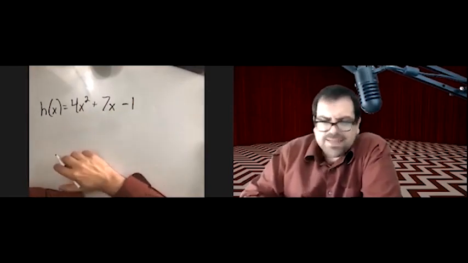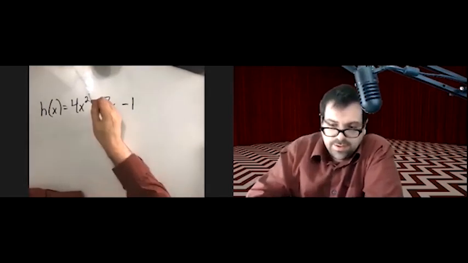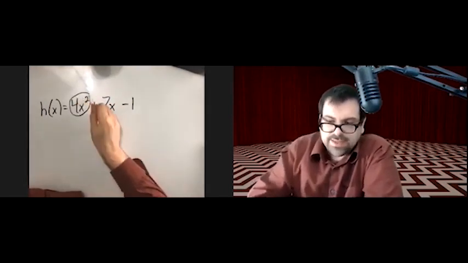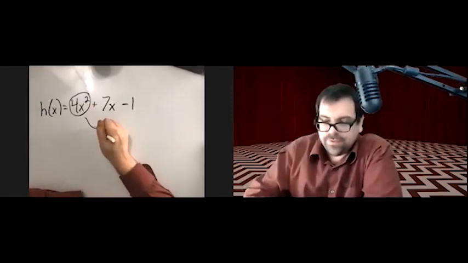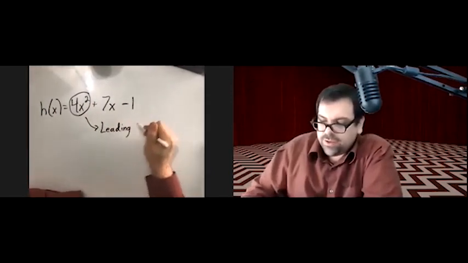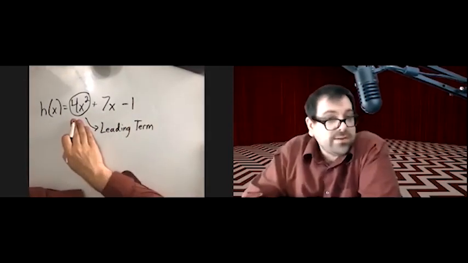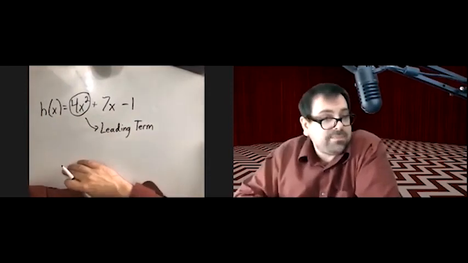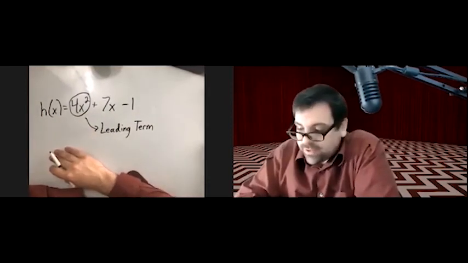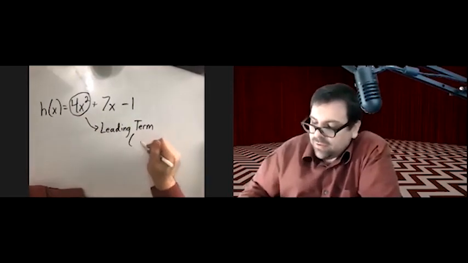The term that has the highest power of x, in this case x squared, that's called the leading term. Leading doesn't necessarily mean in front. If it's written in decreasing power of x, yes, it will be in front. But the leading term is the term with the highest power of x.